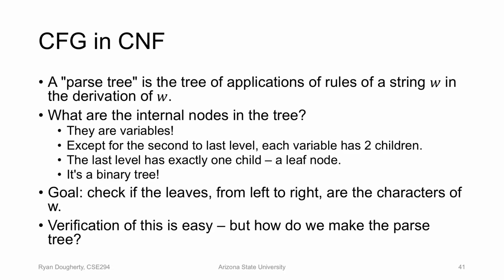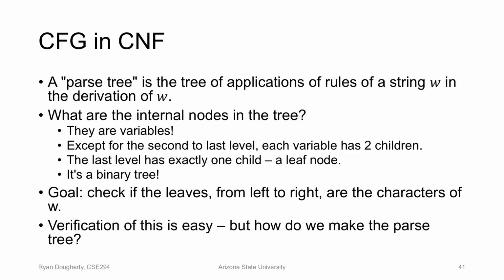You can do a modified version of it because the way it's structured is a little different. But you can go over all of the leaves in the tree and then just read out the contents of them, right? So it's easy to verify whether a parse tree actually gets the string you want, but the problem is, how do we make such a parse tree?